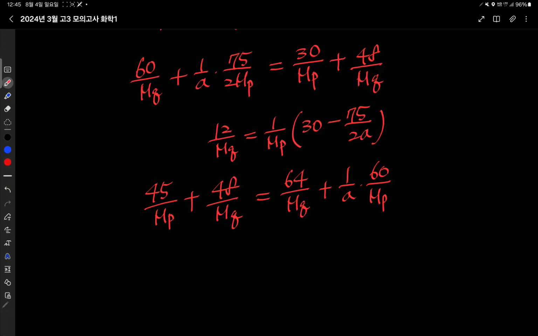So if we make the factoring with NP and NQ, 16 over NQ is equal to 1 over NP times (45 minus 60 over A).